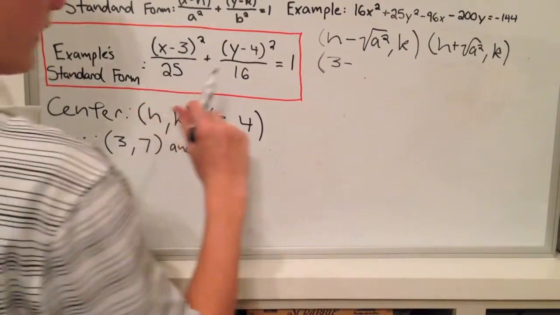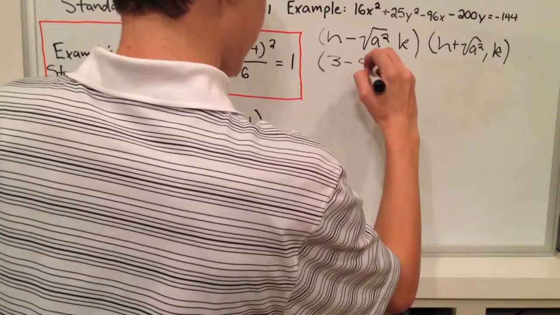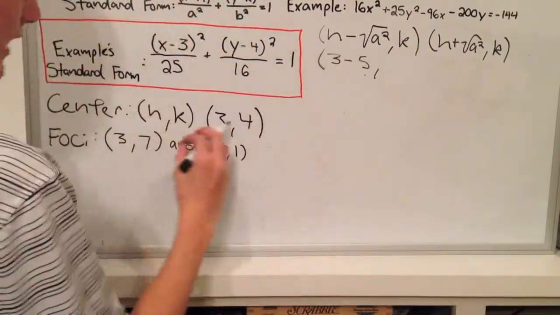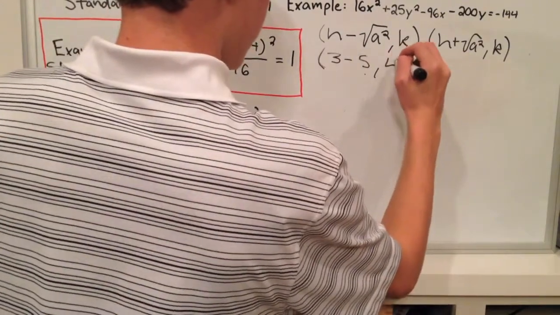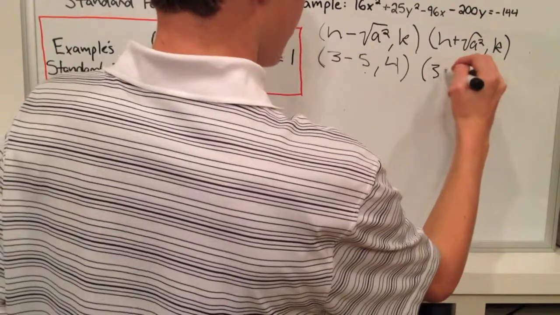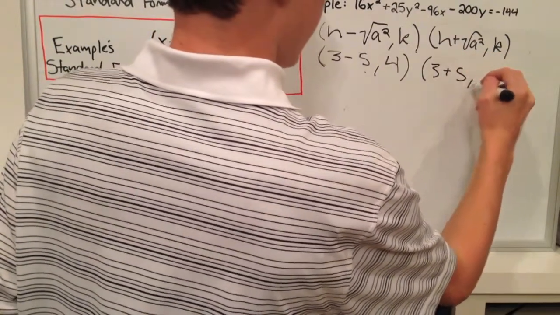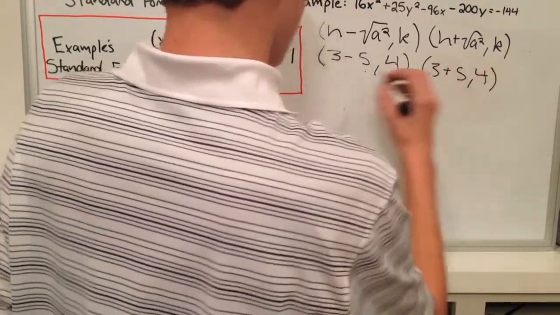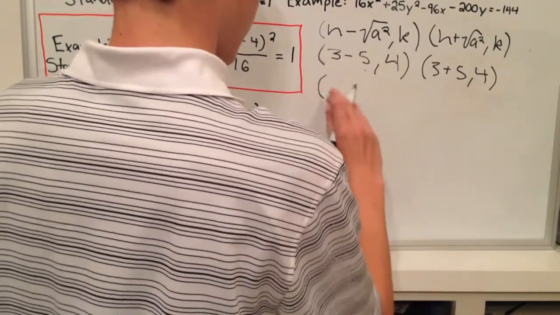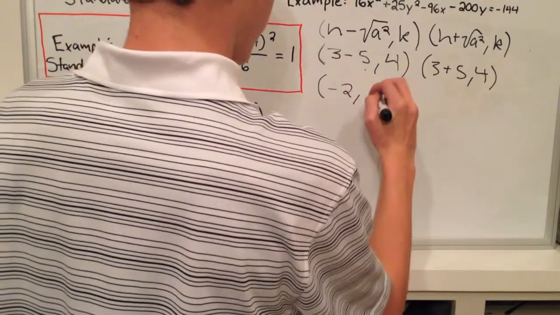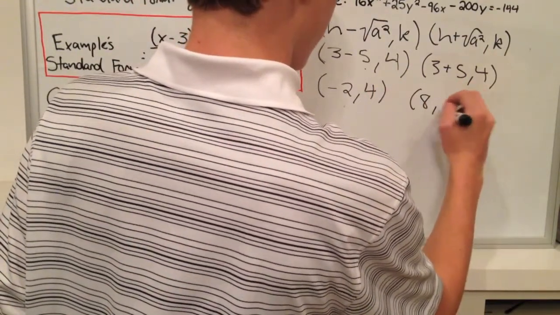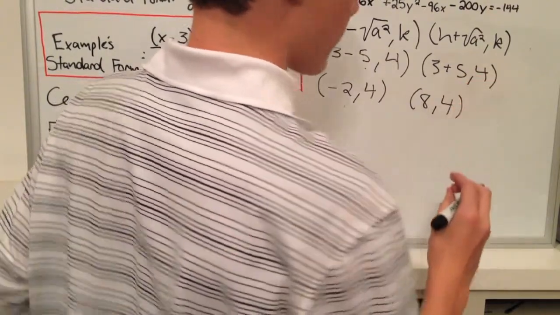And the square root of 25 is 5. 3 minus 5, k, and we know k is 4. And then for this one, we know 3 plus 5, 4. So we get the points negative 2, 4, and 8, 4. So those are the vertices.